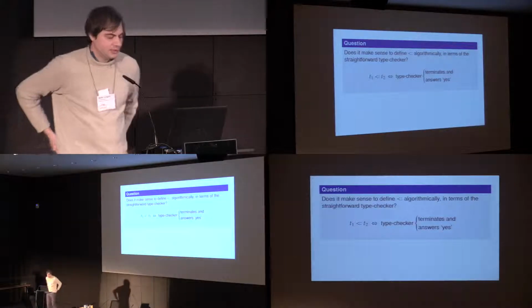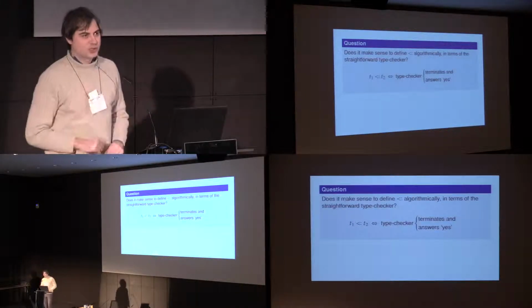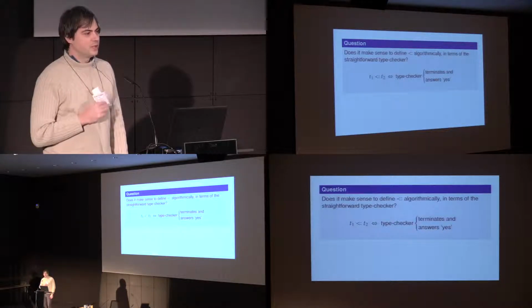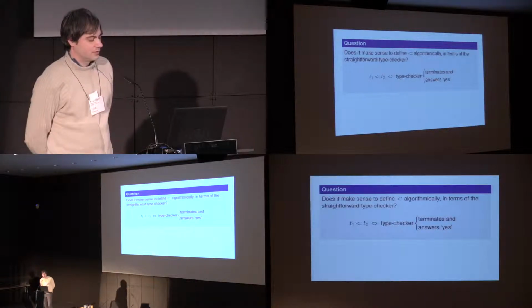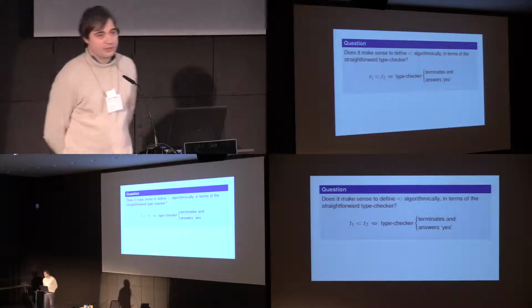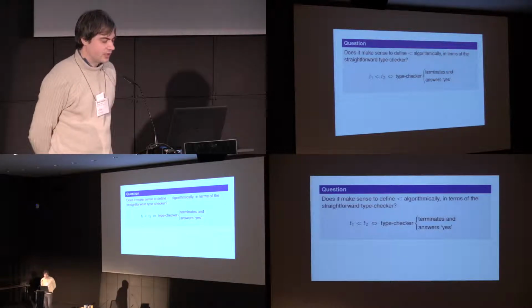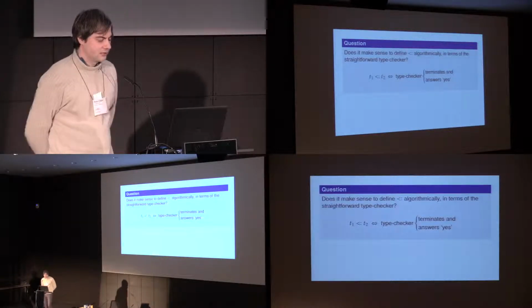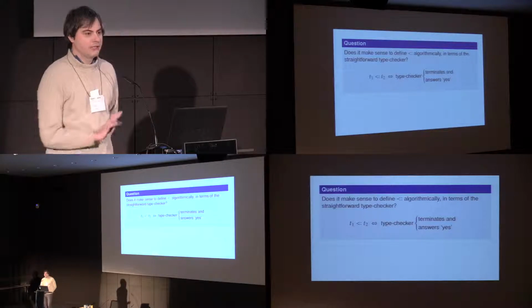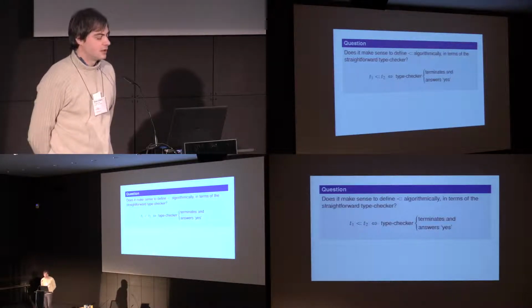So first, they said, okay, we have this, what I call the straightforward algorithm. So you basically define the subtyping relation in terms of an algorithm, which is kind of funny. You have those rules, you interpret them inductively with that recursive implementation I mentioned, and you say if it terminates and the answer is yes, then the subtyping relation holds. Otherwise it's not.